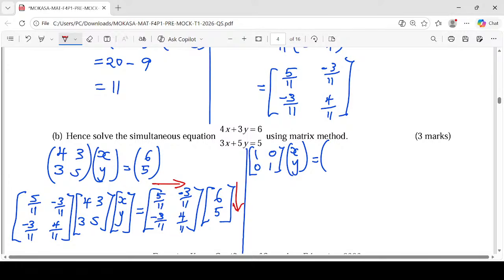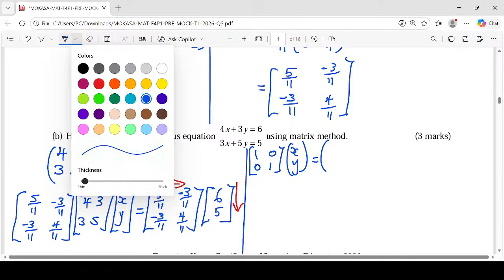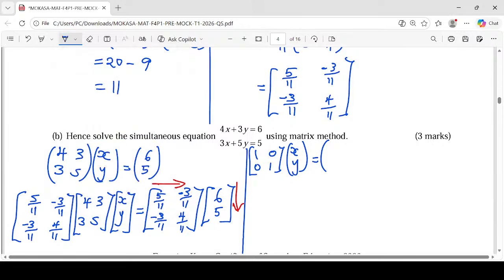So, for the first value, we take 5 over 11 multiplied by 6 plus -3 over 11 multiplied by 5. I want you to be very, very keen with this question. This gives one whole number 4 over 11.